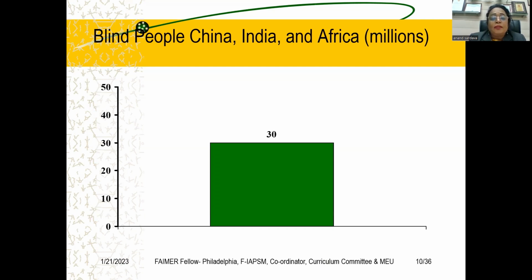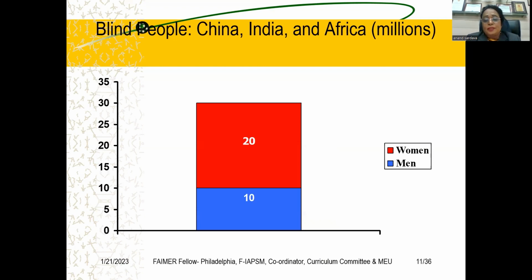Now let us see the male and female differences. When we segregate this data, the study says there are 20 million women and 10 million men out of 30 million. Why is there this difference?